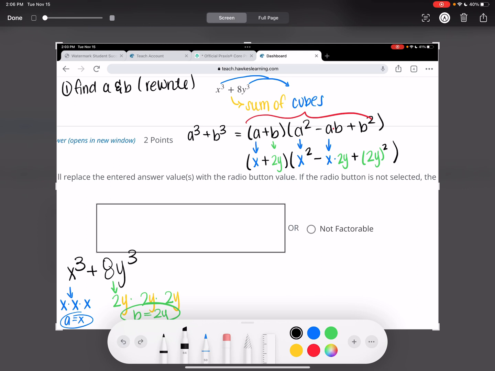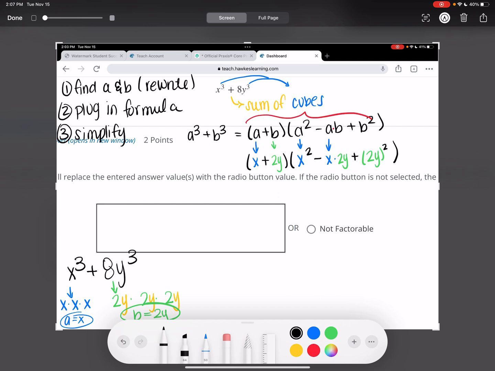Okay, so then step 2, once I found A and B, plug into your formula. And then step 3, simplify. If you need to, you won't always have to, but for some cases you're going to have to simplify in the factored part.